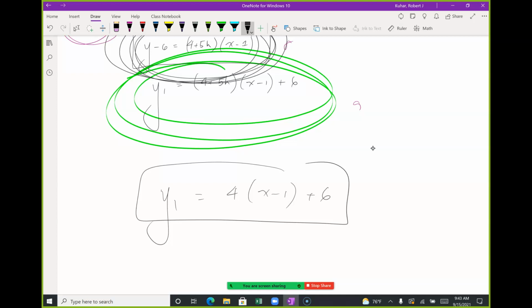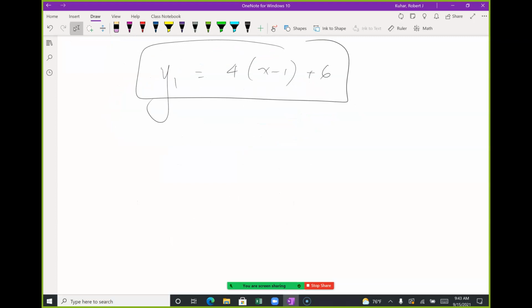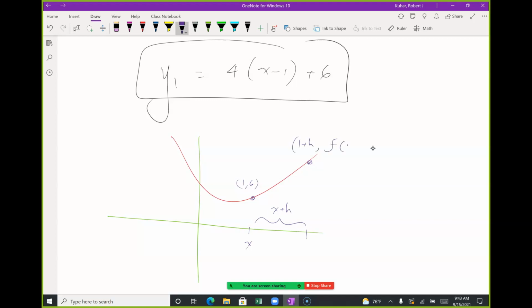I know I may have screwed up a little bit when I made the mistake, but let me do it like this. If my fixed point was 1, 6, right, that's x, f of x, and my new point is x plus h, right? So for my second point, I had 1 plus h, comma, f of 1 plus h, right?